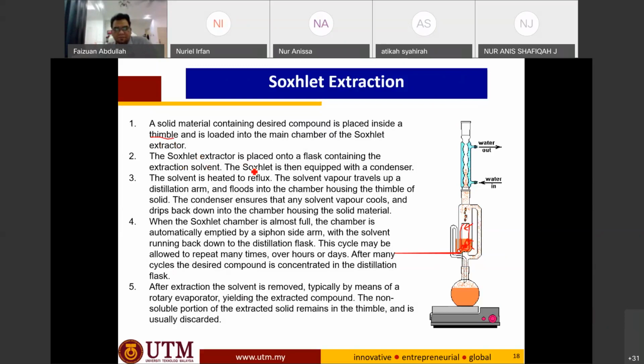The Soxhlet extractor is placed onto a flask containing the extraction solvent, right? The orange color solution is our solvent.